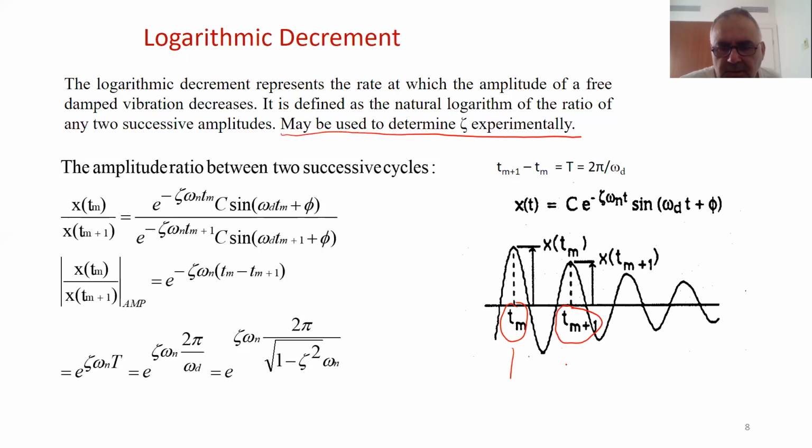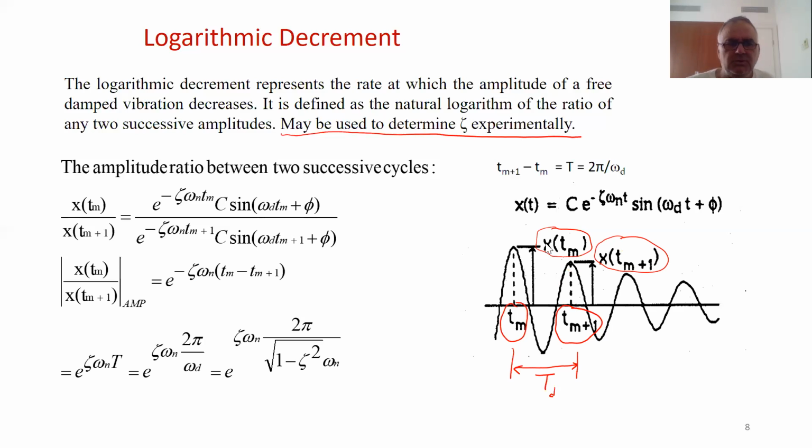In between, you have the damped period, which I will call T, or you might call it Td if you like. That much time goes on between one peak and another. If you can measure the values at those peaks, you can measure x of Tm and x of Tm plus 1. These are measurable, supposedly. If you plot these curves, or acquire data, you can measure them.